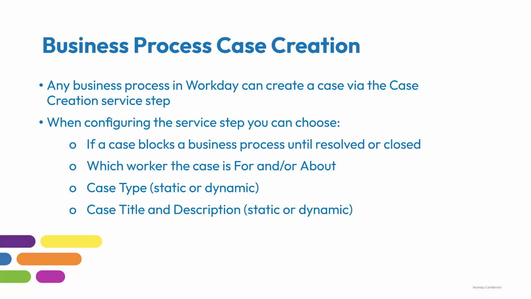You can also designate case type for routing purposes, and you set up the case title and description to either be static text, or you can pull in a title and description using dynamic fields relative to the event to provide that event level insight into the case, which is immediately visible to the service team and the worker who is assigned as the case solver in the help case workspace.